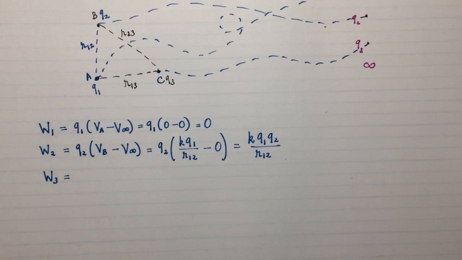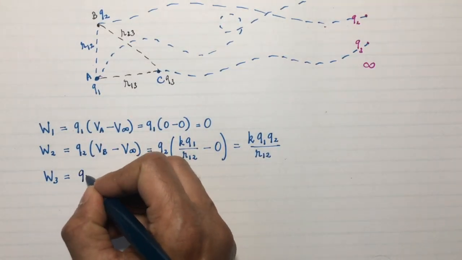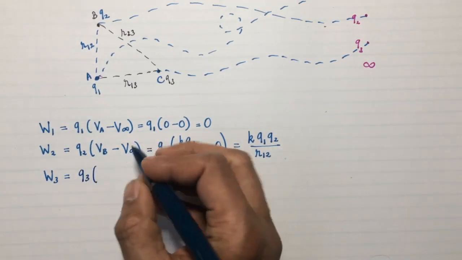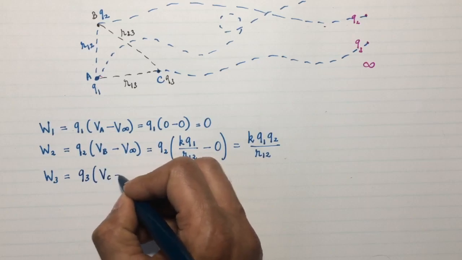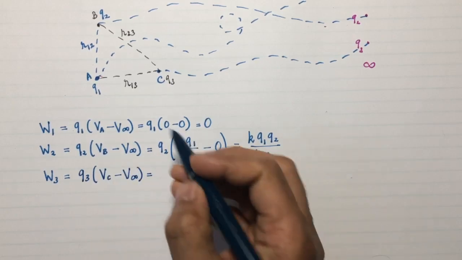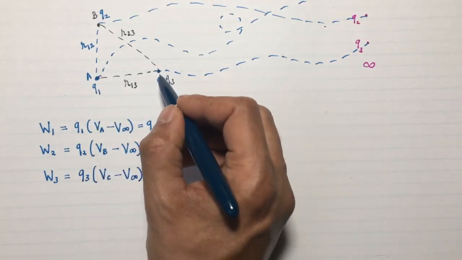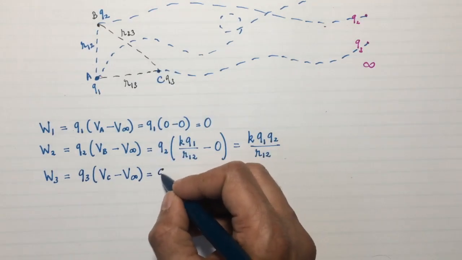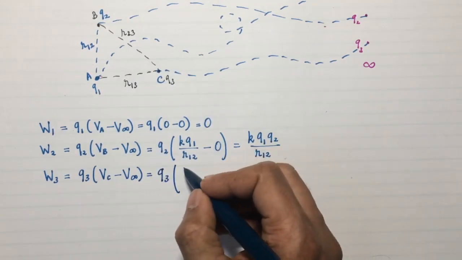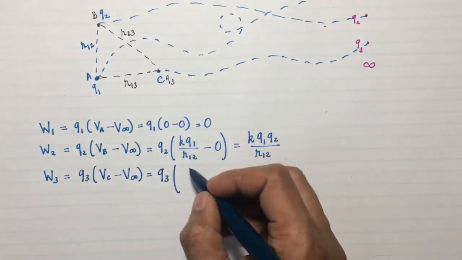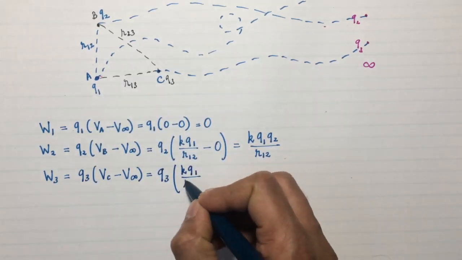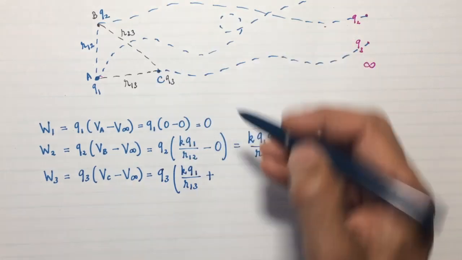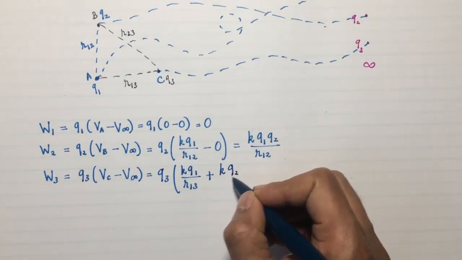Now the work done is given by the same formulas. So it's the charge in question times the potential at C minus the potential at infinity. Well, the potential at C is now being created by both A and B. They're both putting out some potential there, so I have to take that into account. So V sub C is due to charge Q1, I'm going to have KQ1 over R13, plus due to charge Q2, I'm going to have KQ2 over R23.